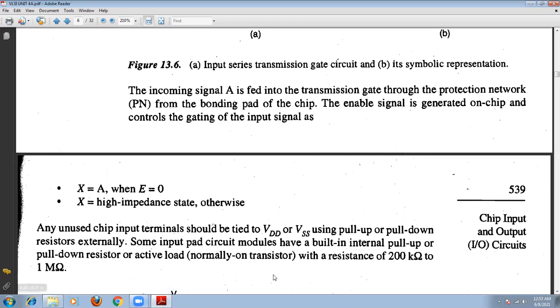Whenever we are not going to use some input terminals, we call them unused chip input terminals, and these are connected to VDD and VSS using pull-up and pull-down resistors formed using transistors. These built-in internal pull-up and pull-down resistors have a resistance of 200 kilo ohm to 1 mega ohm.